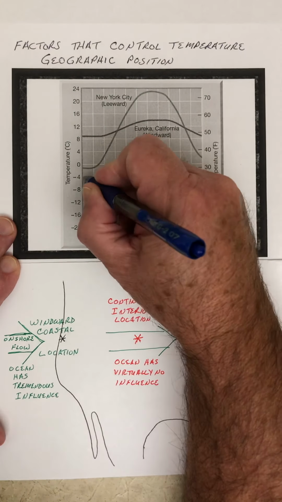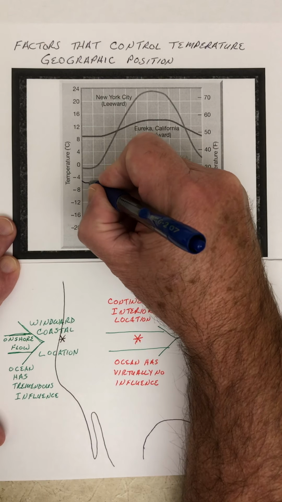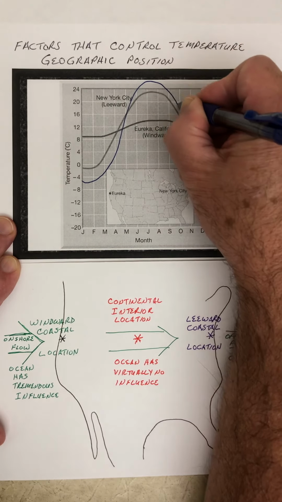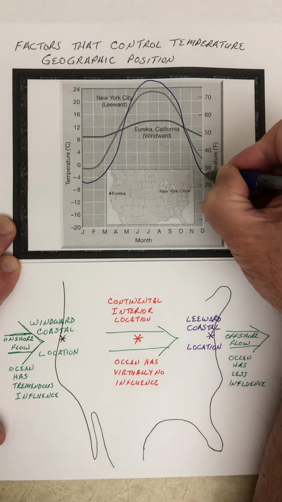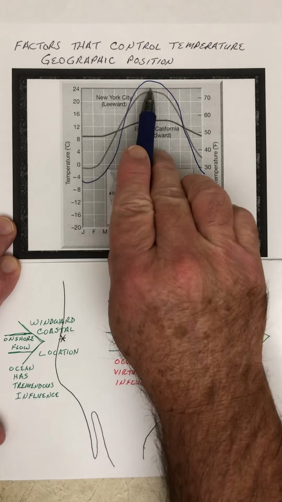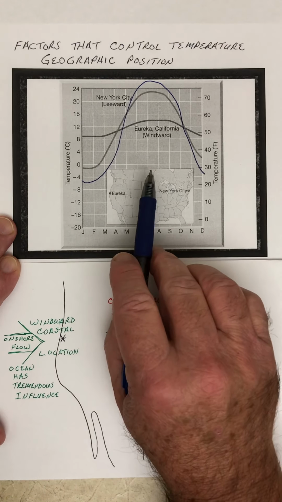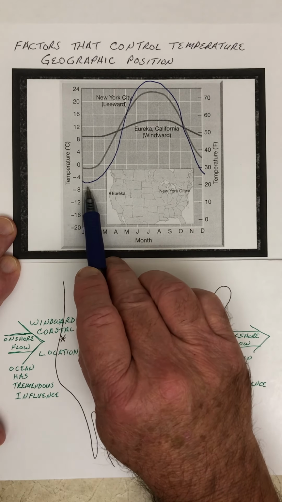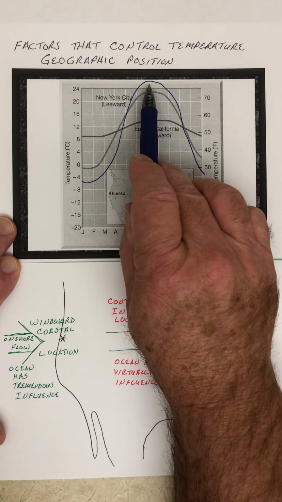It would look something like this. It would be an even greater extreme. From their winter minimum to their summer maximum would be even greater than it is for New York City. So even colder in the winter, even hotter in the summer.